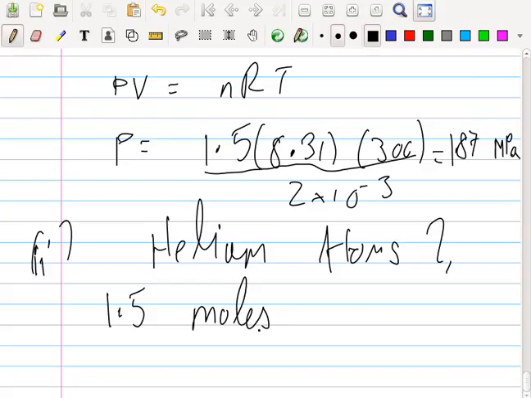What is the molar weight of helium? It's 4. So the way it works is, what's Avogadro's constant? You use the letter L. 6.02 times 10 to the power 23.